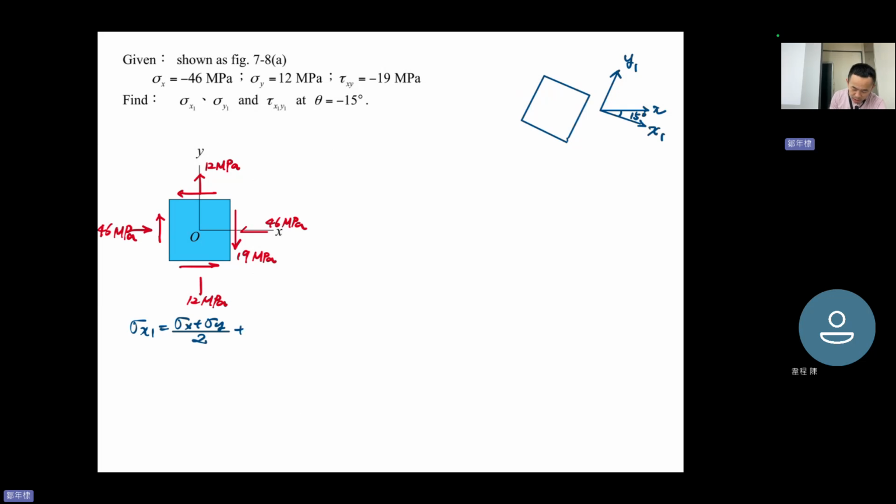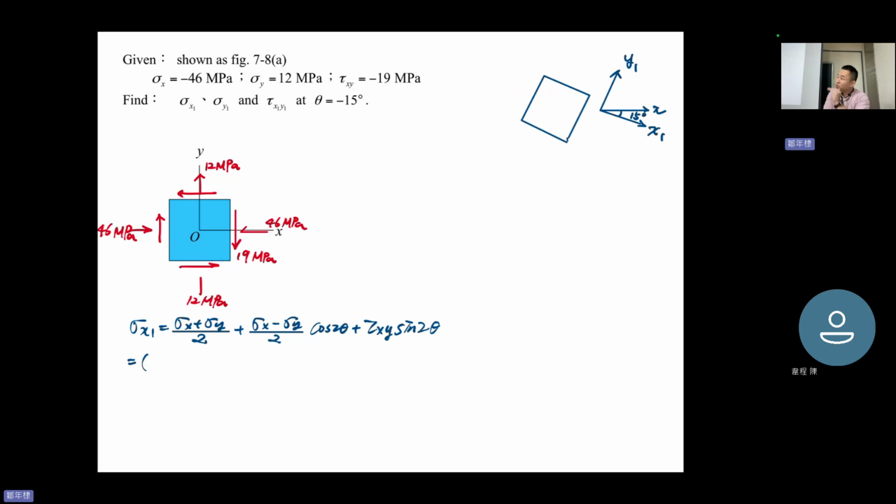Average plus sigma x minus sigma y divided by 2 and cosine 2 theta plus tau xy sine 2 theta. Okay, and equal to, okay, careful.